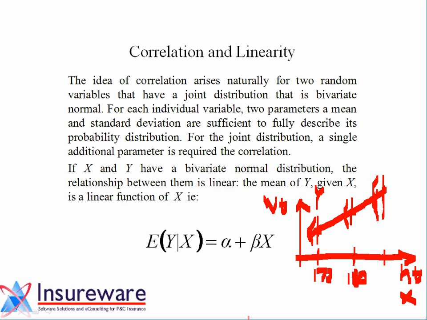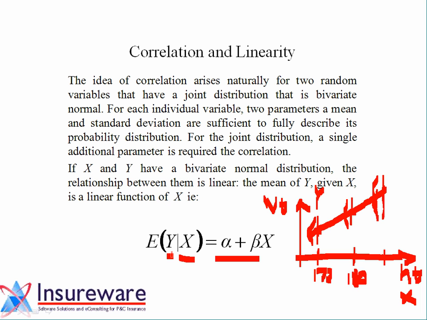Now, it turns out that there is a distribution that has these properties, where the subpopulation of y values based on heights are all normal distributions, and the mean of y given x is linear in x. But also you'll notice that the variance of y given x is constant. The variance of all these subpopulations is constant.